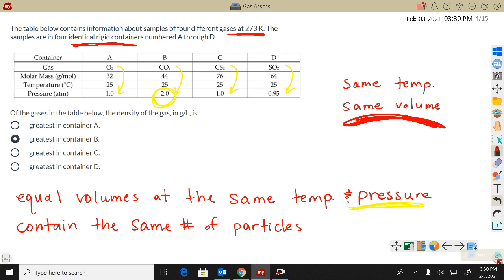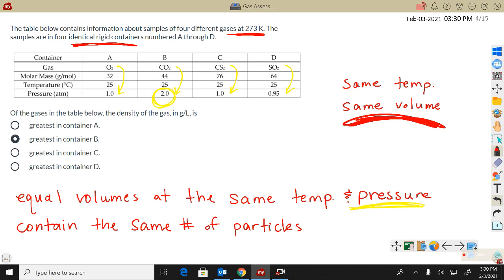If it were half a mole of gas, it would be the same issue: if each gas had half a mole of particles in the same container at the same temperature, then there'd be the same amount of collisions, and that should create the same amount of pressure.